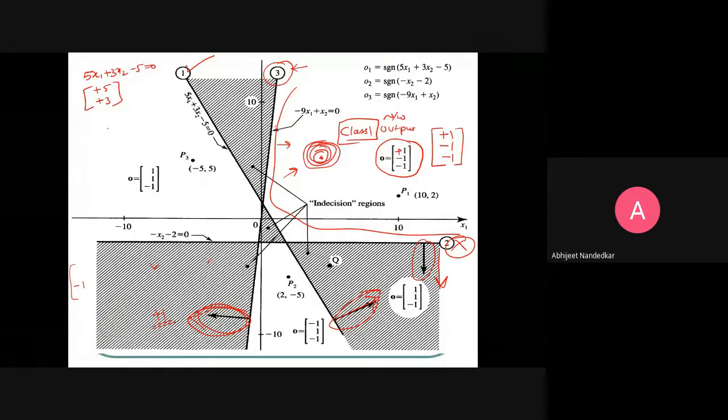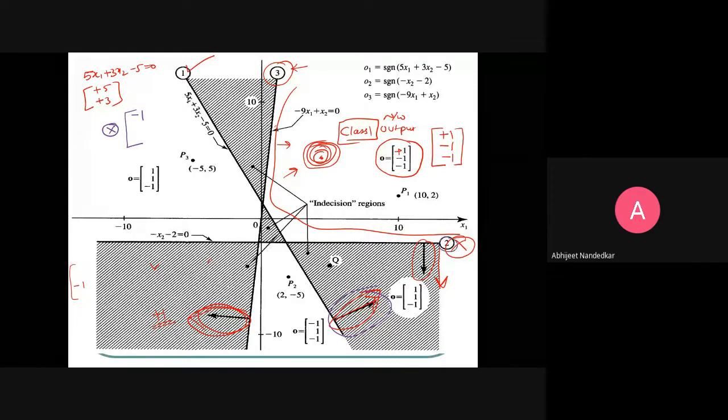Now suppose I am standing here, say input is from this side. What will happen? Let us see. Neuron number 1 is saying go this side, but I am in the opposite direction, so this will be -1. What is neuron number 2 saying?